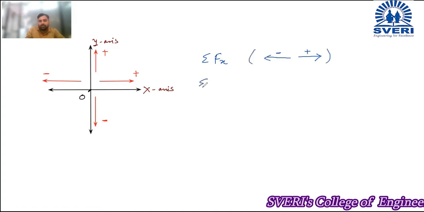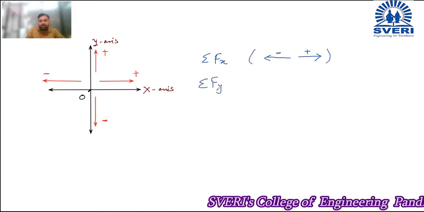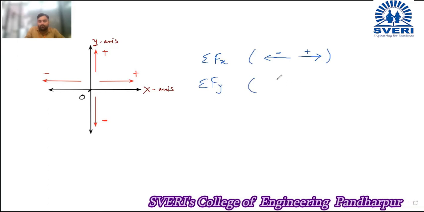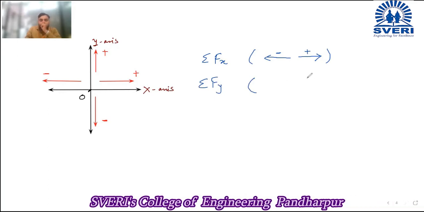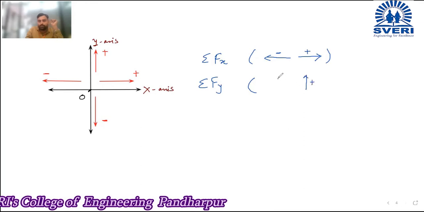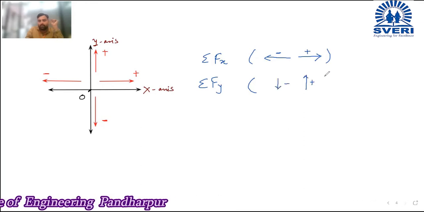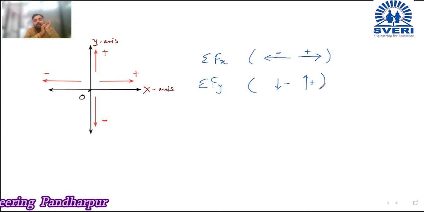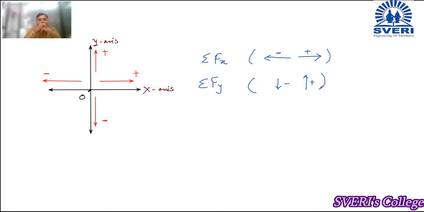Similarly, when you are calculating summation Fy, when your force is moving upward, it is positive; when the force is moving downward, it is negative. Is it clear up to this point?